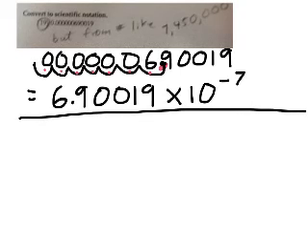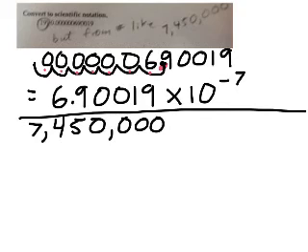All right, let's do another number. Let's change 7,450,000 into scientific notation. Again, we're going to figure out where we want our decimal point. Our decimal point's got to be here, because the number's got to be between 1 and 10, not including 10, right? So starting at where the decimal point is on this number, we'll see how many decimal places or zeros we're removing.